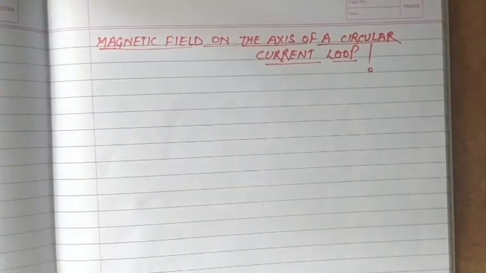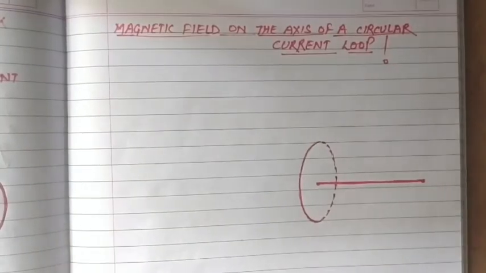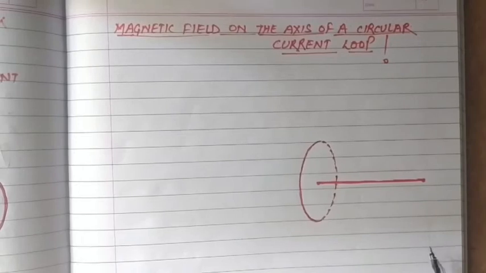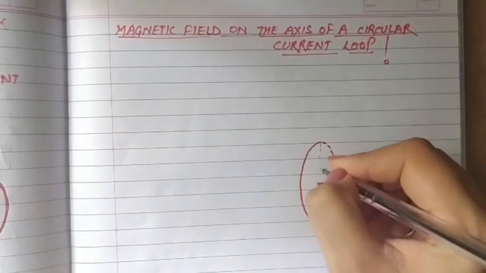I am going to show you that in the diagram. Here in the diagram I have considered a loop of radius small a.